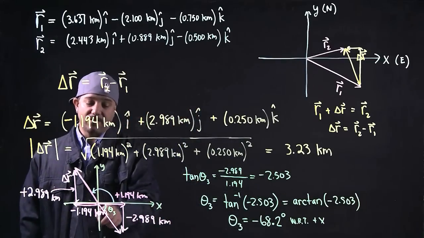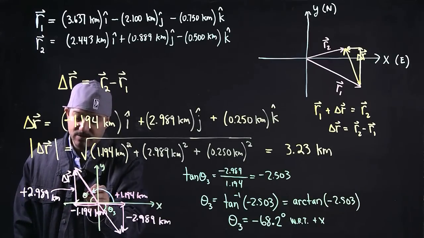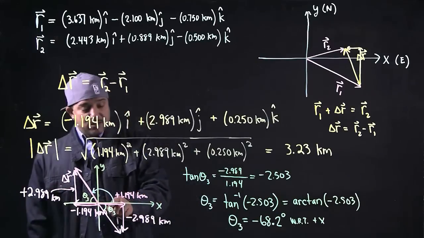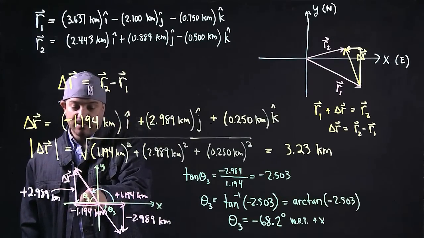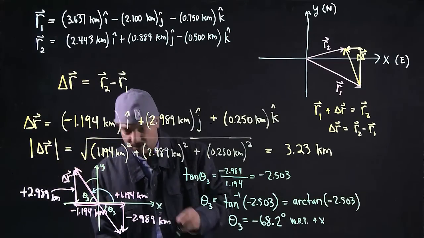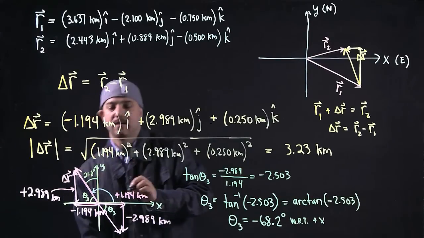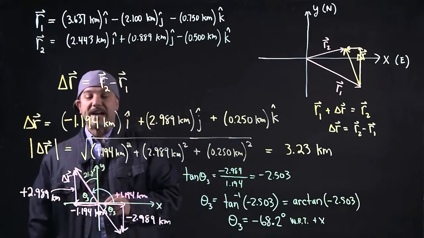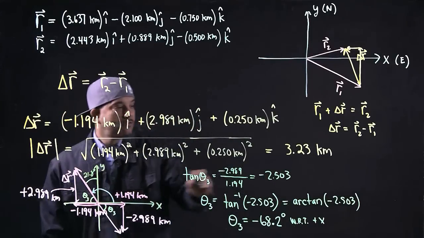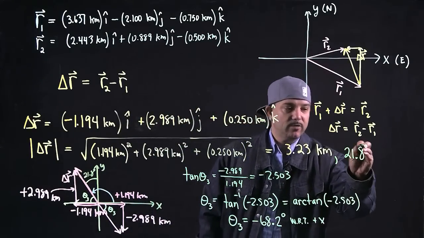It means clockwise. Remember, clockwise angles are negative, counterclockwise angles are positive. So that's theta 3. And then from geometry, if we know theta 3, this angle is the same in terms of magnitudes as that angle right there. So if this is 68.2 degrees in terms of magnitude, we know that these two angles have to add up to 90. So this angle right up here is 21.8 degrees. Our final answer is that this displacement vector is 21.8 degrees.